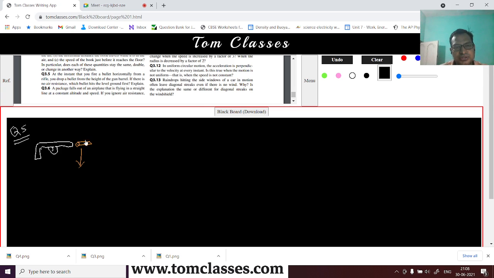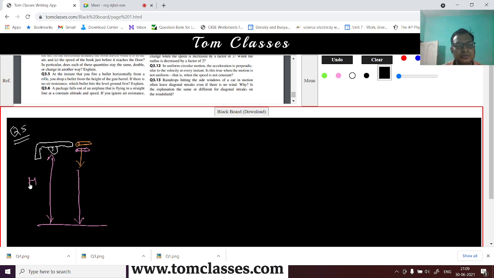Okay, so you see that there is one bullet which has been dropped like this, and then there is another bullet which has been dropped. Say it is at your arm's height, and for simplicity, let's take that height as h.